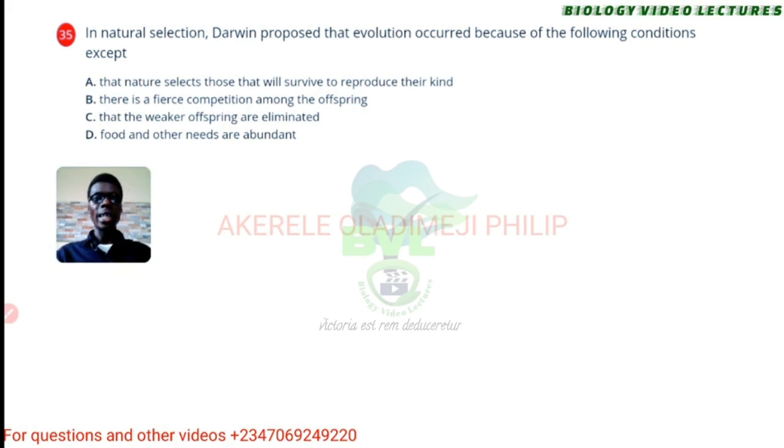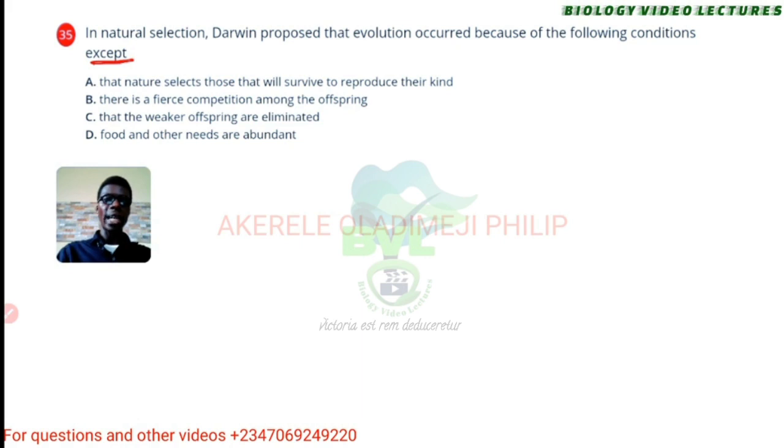Now, in natural selection, Darwin proposed that evolution occurs because of the following conditions, except. Pay attention to that. Nature selects those that will survive to reproduce their kind. That's correct. There's a fierce competition amongst offspring.